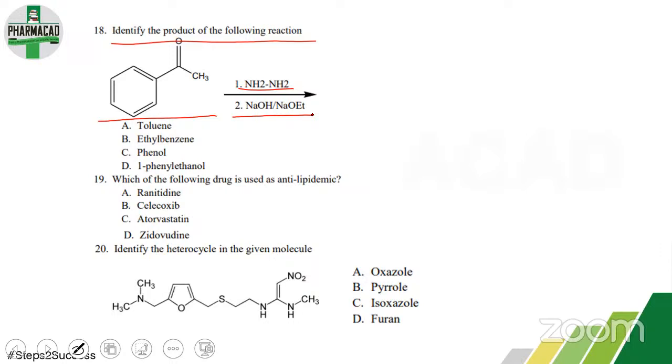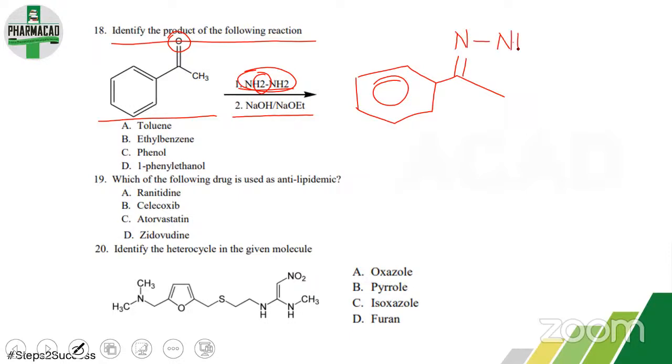So when we will react with this hydrazine, first this oxygen will combine with this hydrogen and it will be removed as a water molecule. So instead of C double bond O, we will get C double bond N, and that nitrogen is with NH2. And the CH3 will remain as it is. So first we will get this.